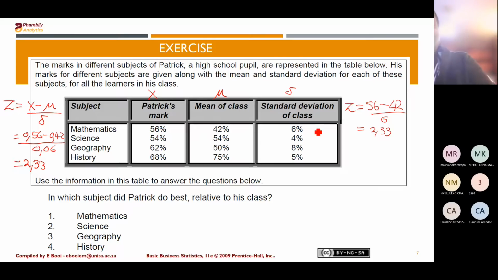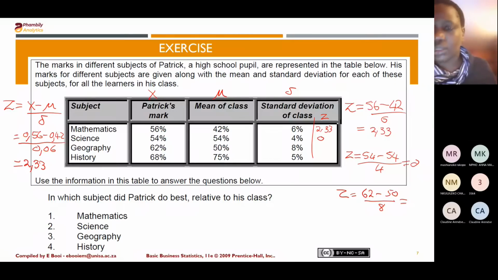So we've calculated the Z-score for maths is 2.33. So we need to calculate for the rest of them. So for science, it will be Z of 54 minus 54 divided by 4, which will be equal to 0 because 54 minus 54 is 0. So I don't even have to divide 0 by any number. So that will be 0. For geography, we get Z of 62 minus 50 divided by 8.